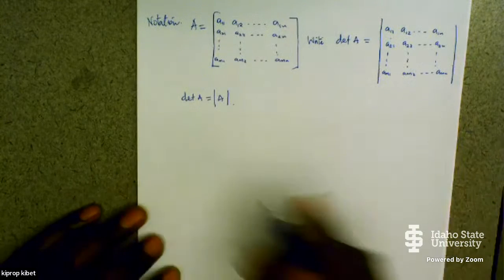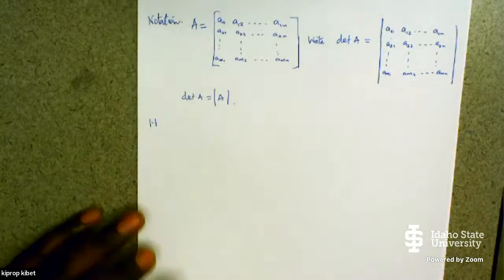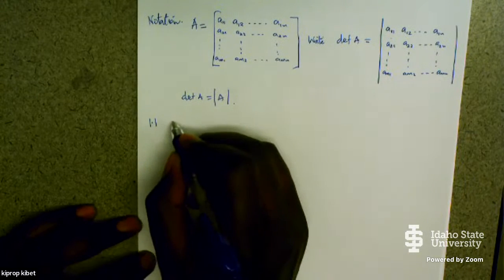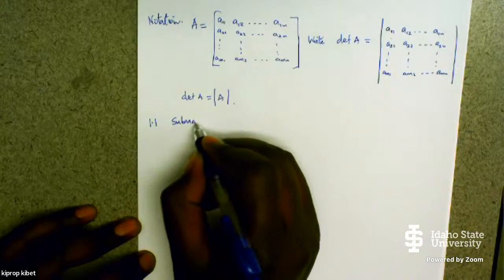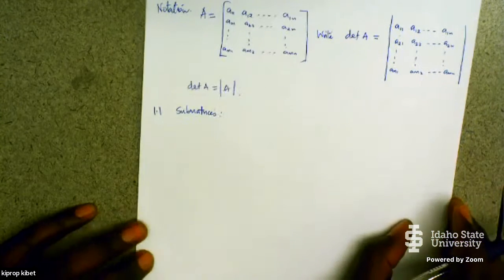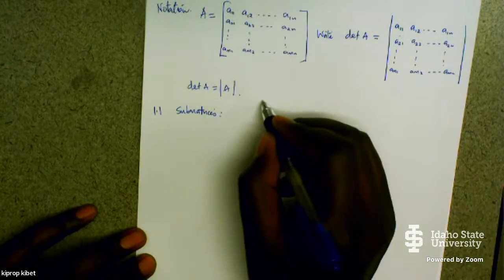Okay. Let's start by defining what a submatrix is, and this is what we will use to get the determinant of a matrix A. Submatrices. And this section will just start.